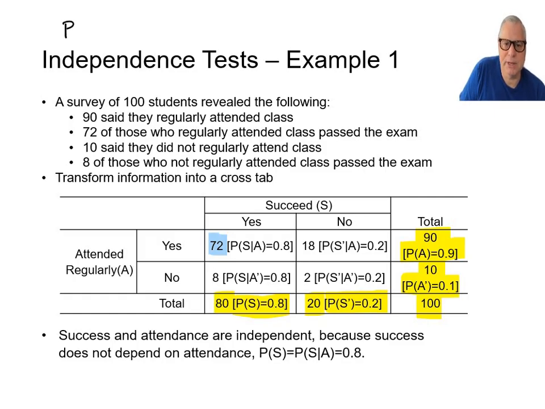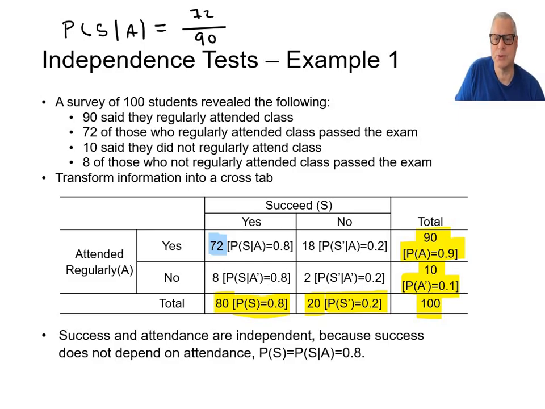What's the probability that somebody succeeds given, this vertical bar means given, that somebody attends? Well, that's basically a ratio. The people that attended, that's a total of 90, and 72 of those passed, so that probability is 80%.